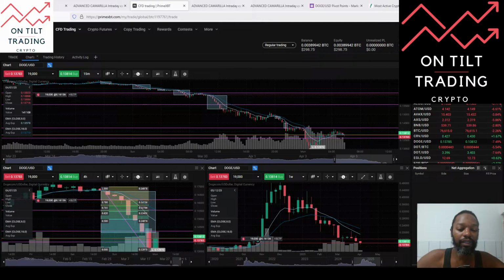So seeing a good looking setup here on Dogecoin for the Camarilla pivots and for the exponential moving averages here.